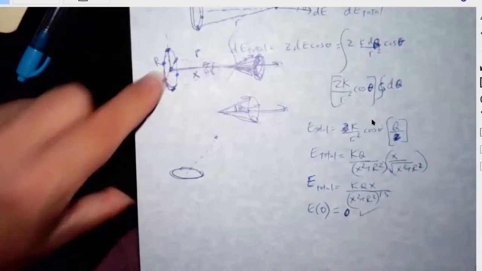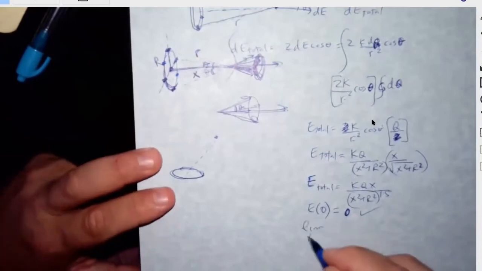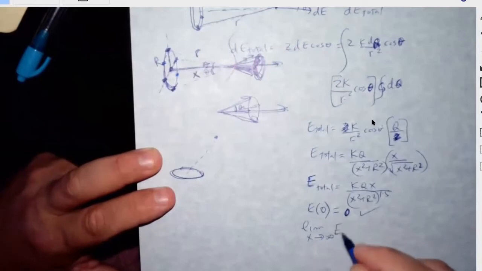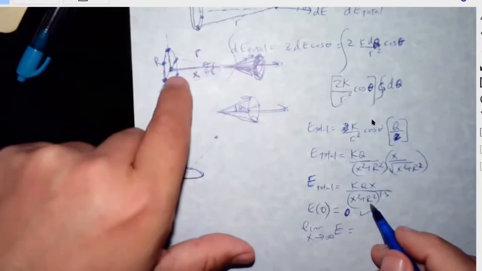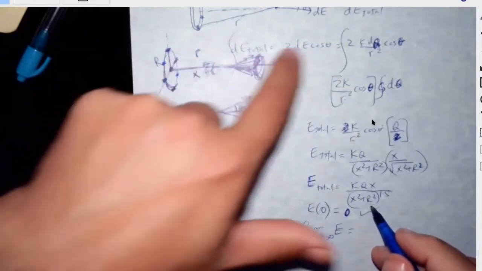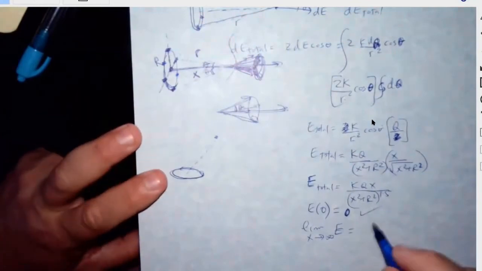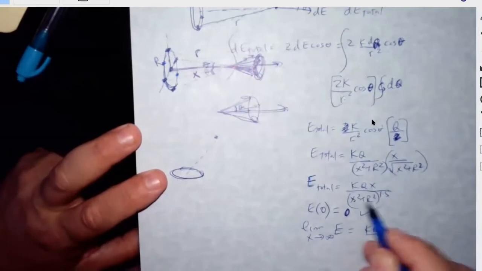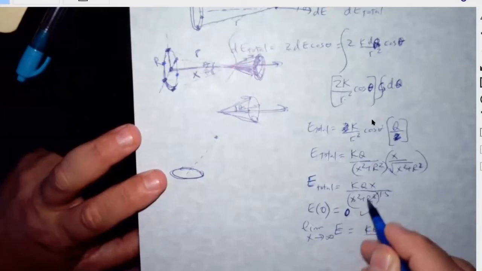So that's one check. Then the other one is to take the limit as x goes to infinity to find the behavior of the electric field. The ring should start looking like a point charge when you go far away, right? So how do we do that? When x is very large, R squared has less and less effect, so it disappears.